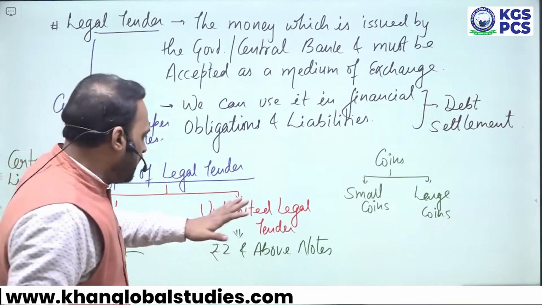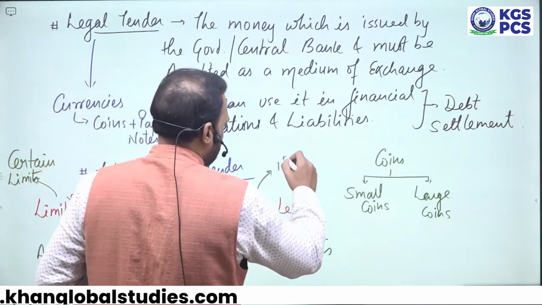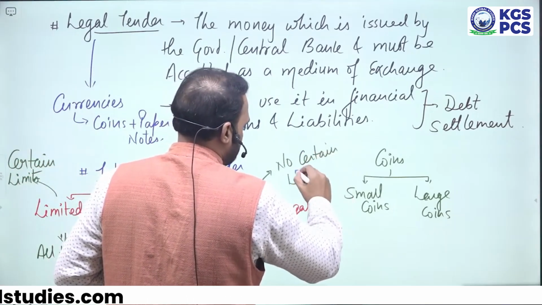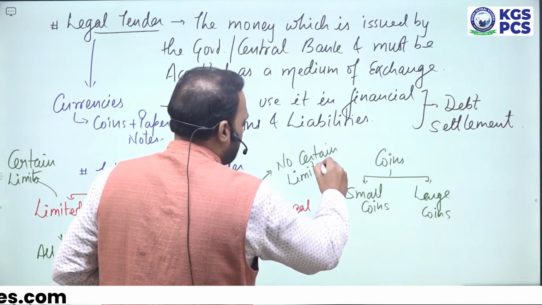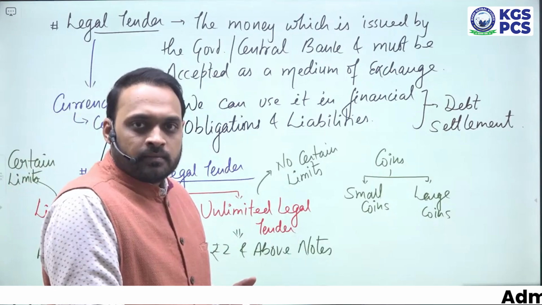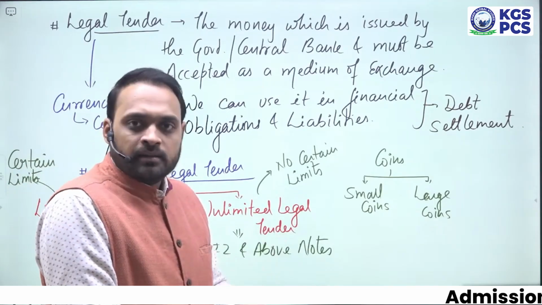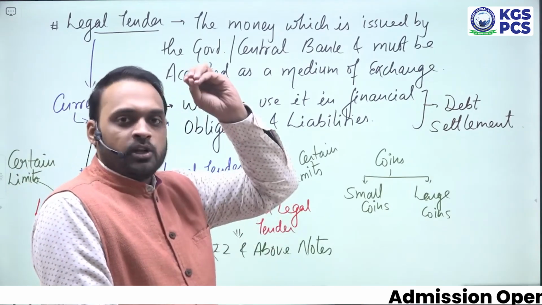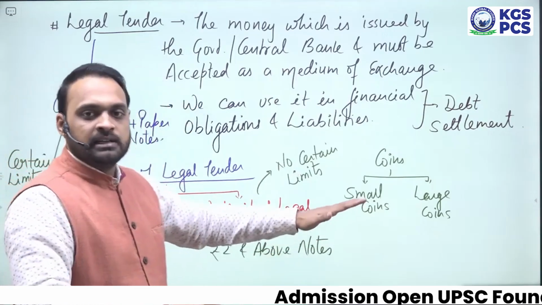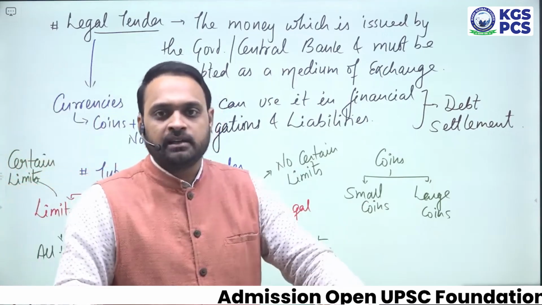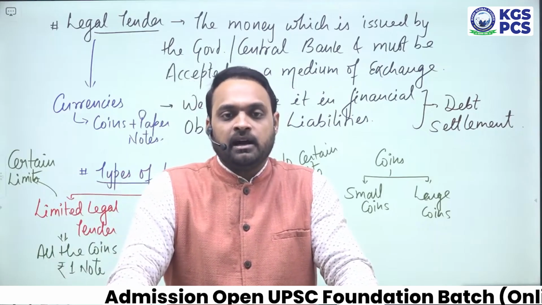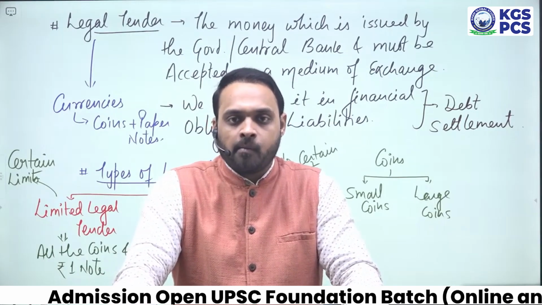There is no certain limit to exchange any commodity. You can exchange a commodity of any value with unlimited legal tender. So legal tender is of two types, limited legal tender and unlimited legal tender, right?